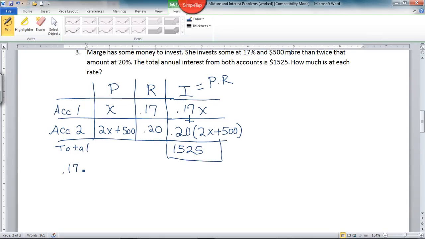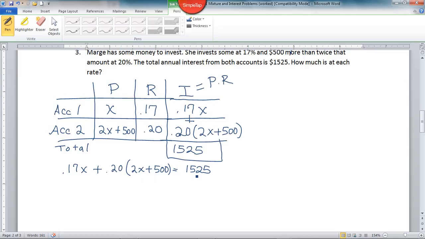The equation is going to be 0.17x plus 0.20 times (2x plus 500), and that equals 15.25. Interest plus interest equals total interest. Makes sense. Okay? That's our equation.